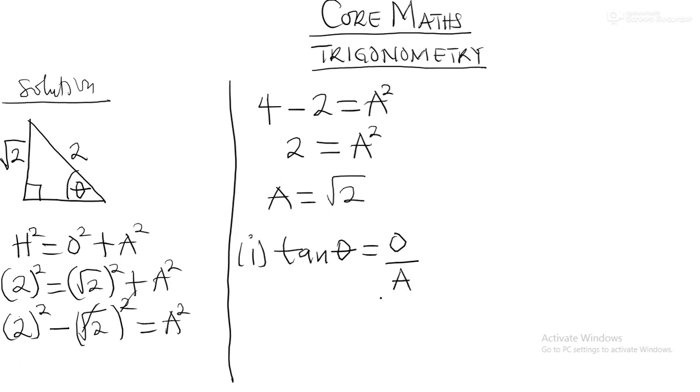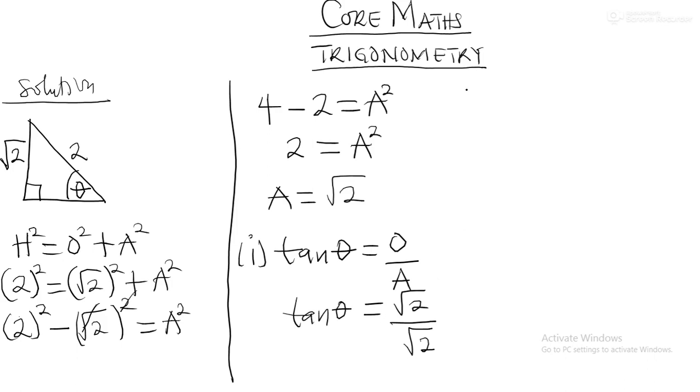Substituting the values, our opposite is root 2, and our adjacent we just found to be root 2. So tan theta is root 2 over root 2.